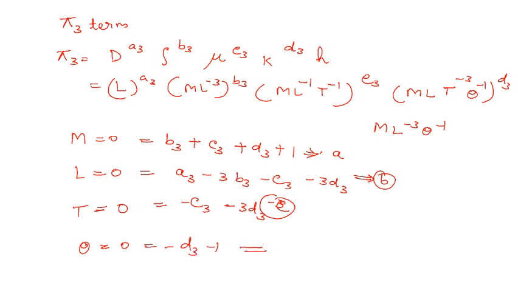From it, it is very clear that from the fourth equation, if I number this as D, d3 is equal to minus 1.